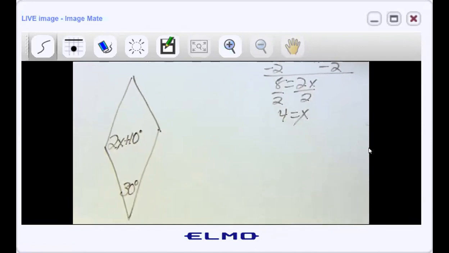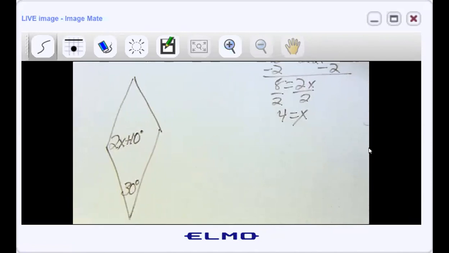Are these angles opposite each other or are they consecutive? Opposite. You sure? Oh, consecutive. I have the answer. What is it? 70. 70, you say. I agree.